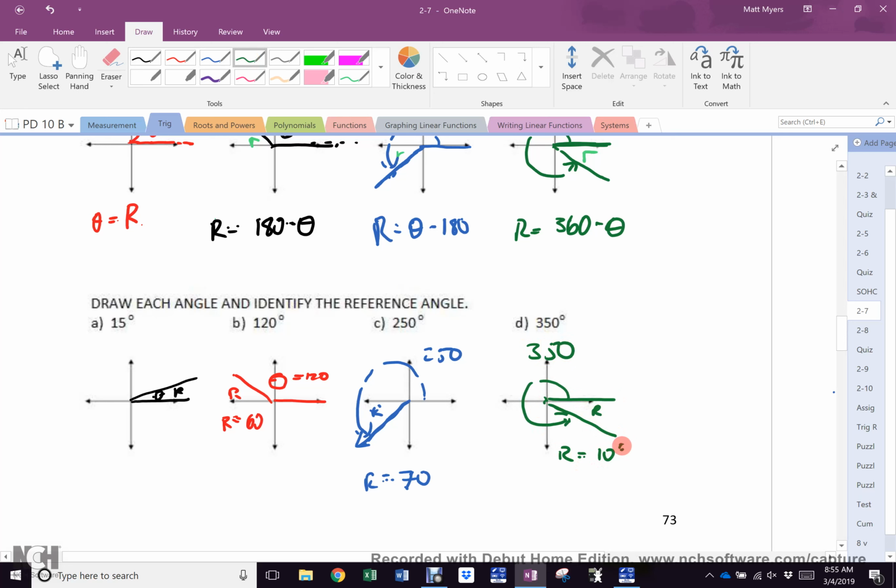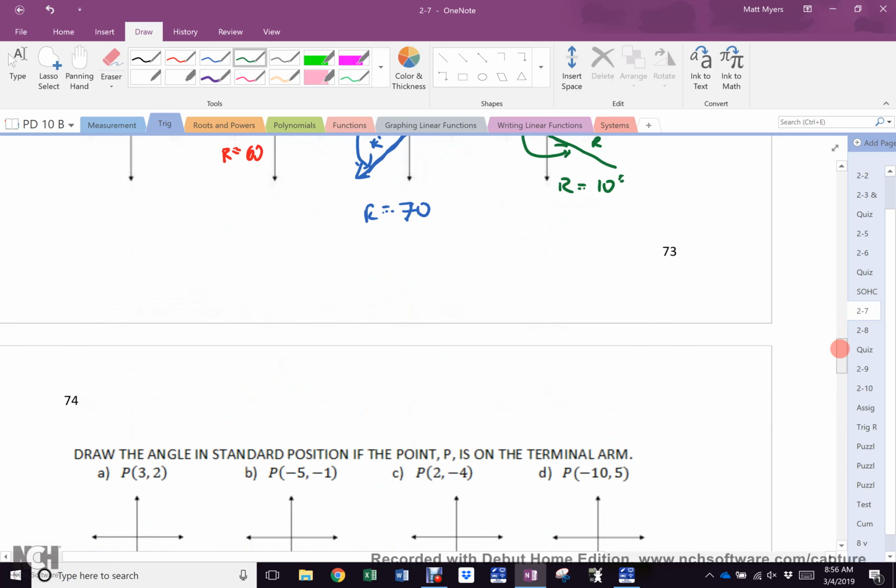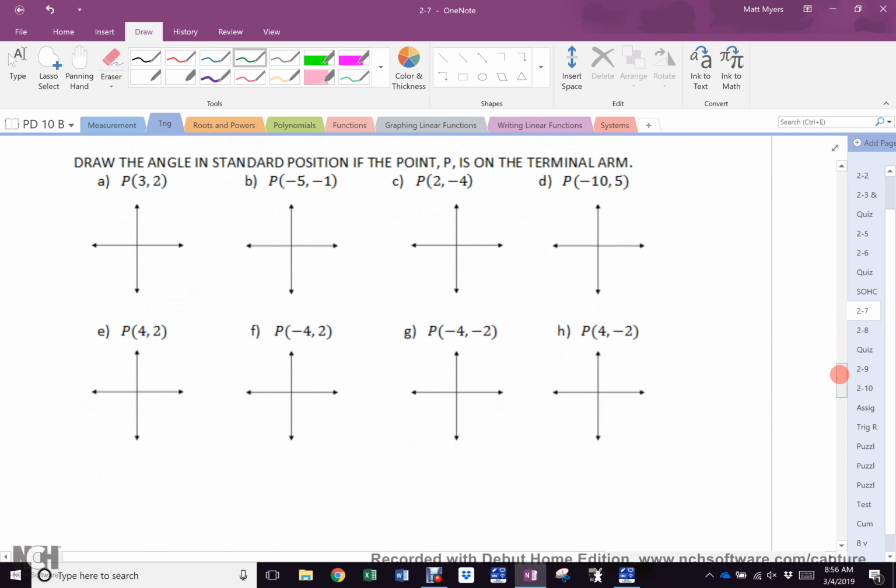Now, R is 10, but that terminal arm is also at negative 10 degrees. Does everybody understand that? Okay, your reference angle is positive because it's 10 degrees. Okay. Turn the page over, and we're going to make a slight change to things.